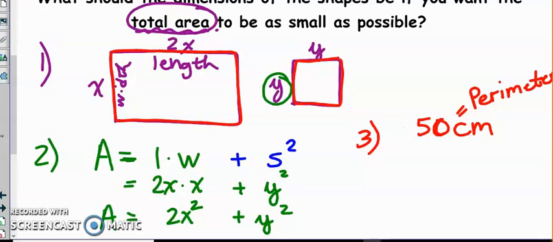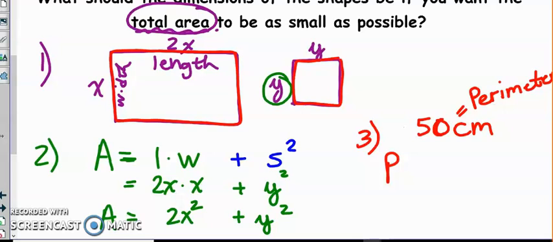The whole perimeter must make up those outsides. If they don't, that's not a perimeter, but it says here that it's supposed to make up the whole thing, so therefore it's perimeter. Total perimeter is 50 centimeters for both of those two shapes.